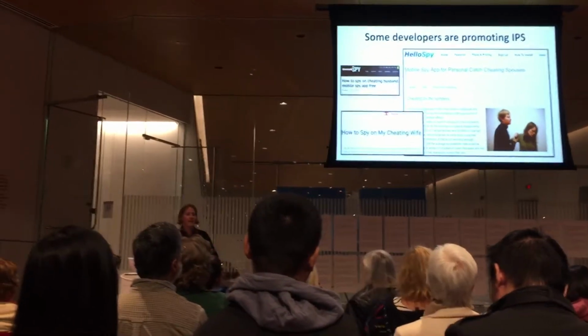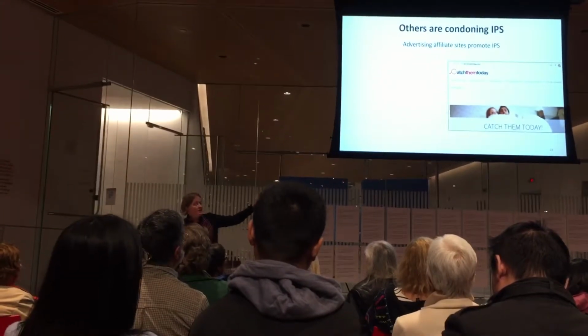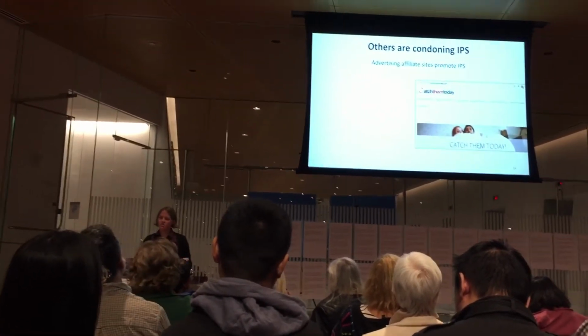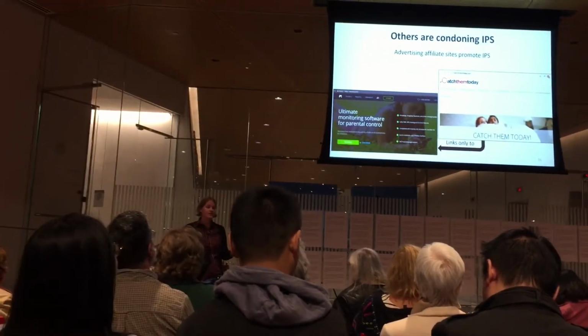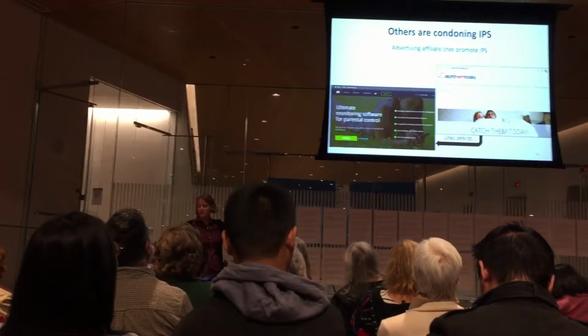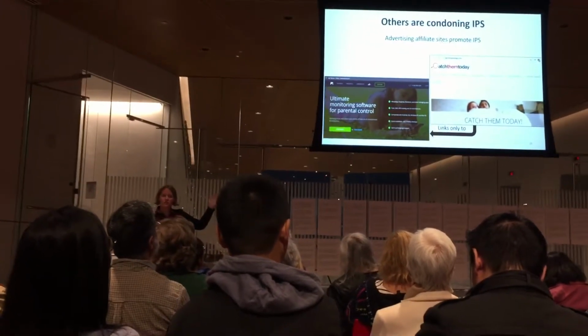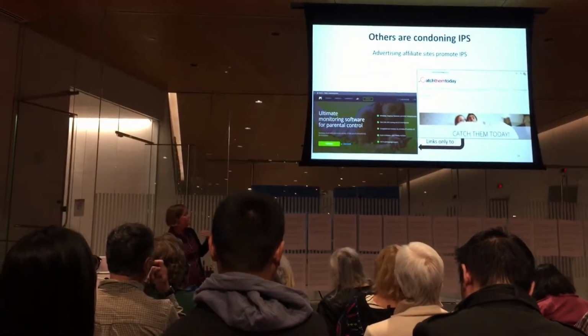Others are not necessarily active about it, but are condoning it. And in this case, what we have is some website that's trying to catch cheating spouses, and that is actually only linking to something that is suggesting that it's a legitimate parental control application. So, when the government goes and says, what do you do there?